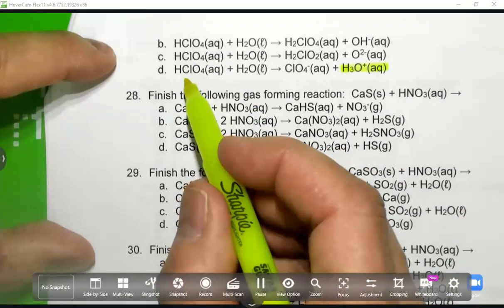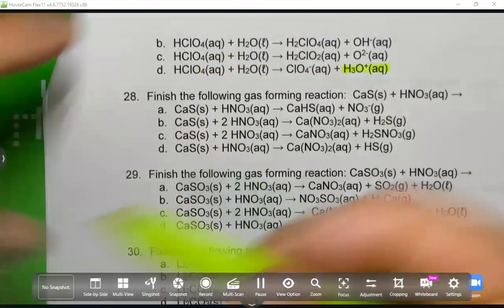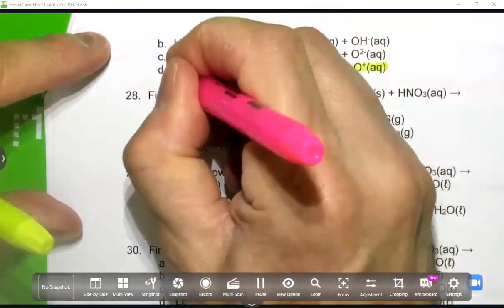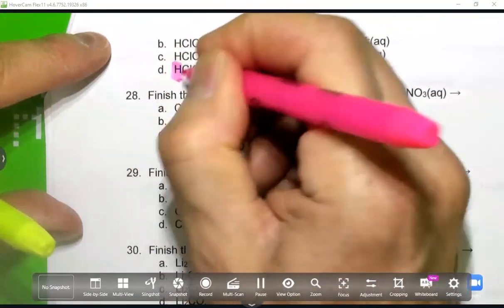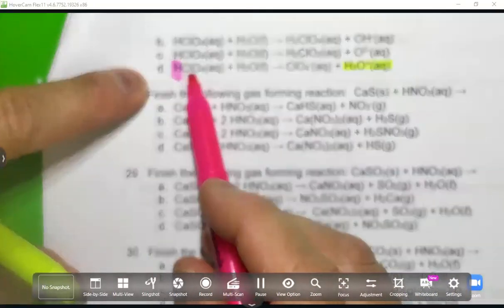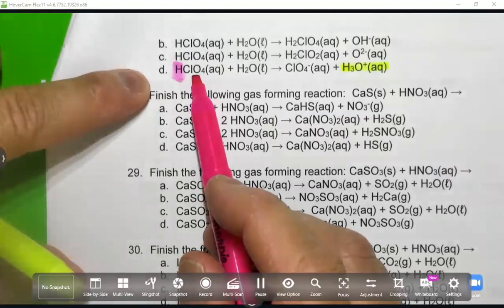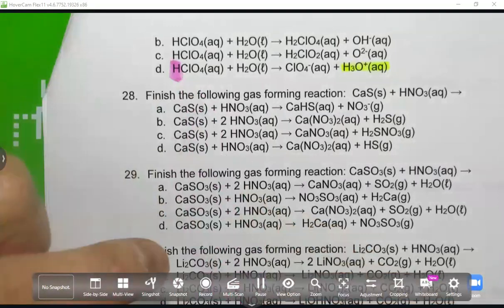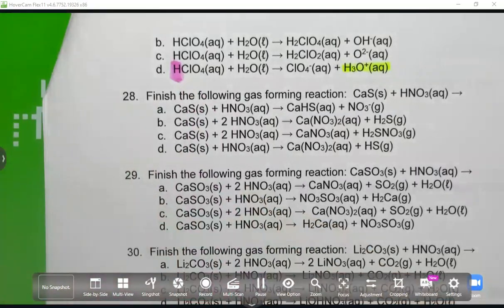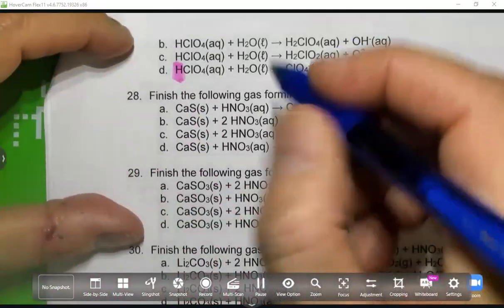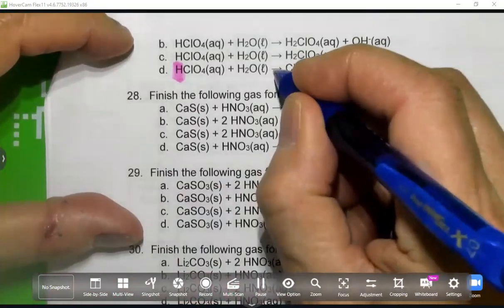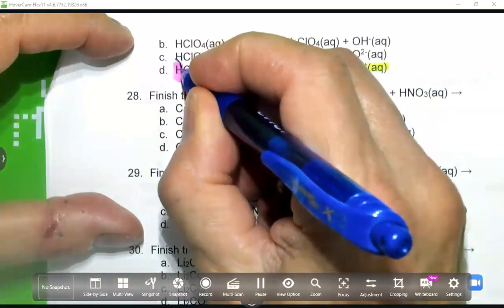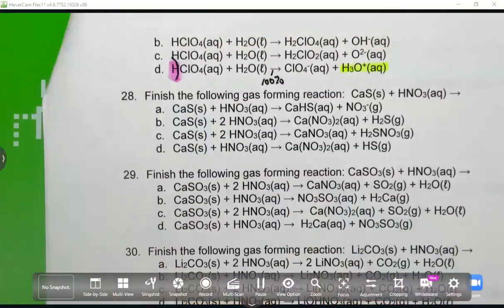If this is a strong acid, how many of these hydrogens will detach from the negative perchlorate? 100%, correct? That is the definition of a strong acid. How many hydrogens come off? It's not correct science, but that's the way to look at it. 100% of those hydrogens come off.